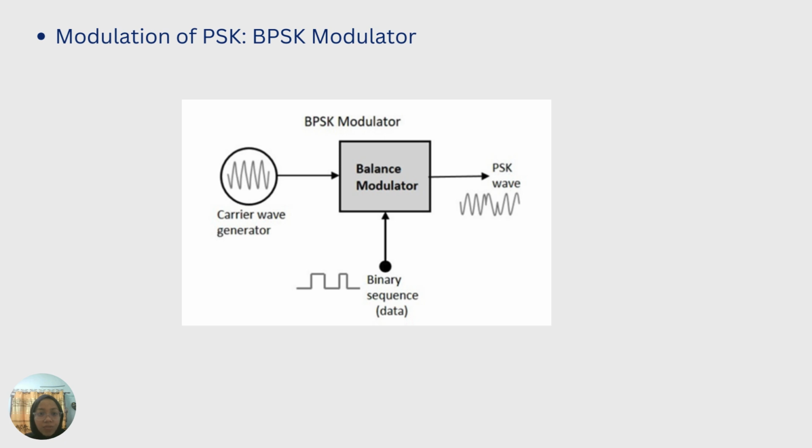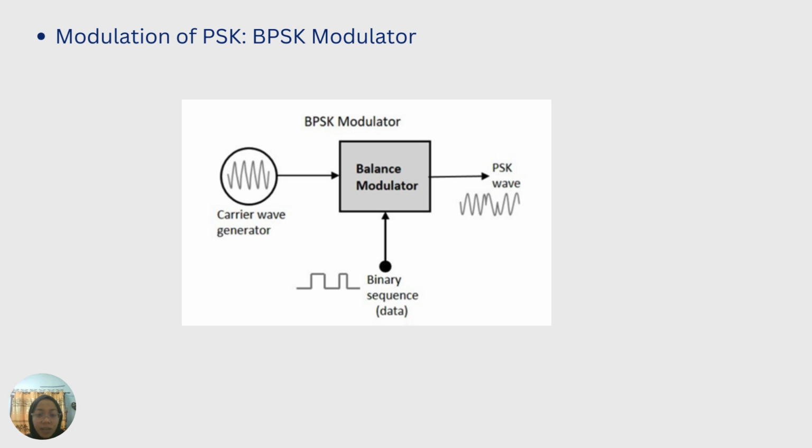Next, let's move to BPSK modulator. For a BPSK modulator, a balanced modulator with a binary sequence as one input and a carrier sine wave as another make up binary phase shift keying. A balanced modulator, which multiplies the two signals applied at the input, is used to modulate a BPSK.